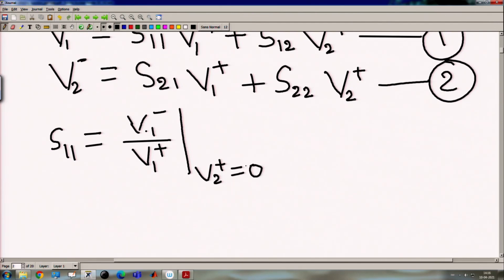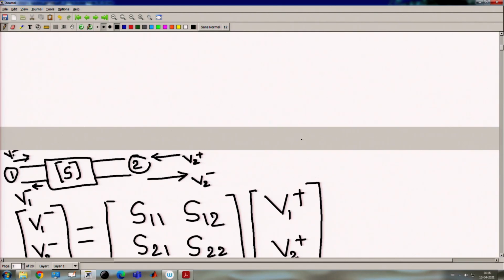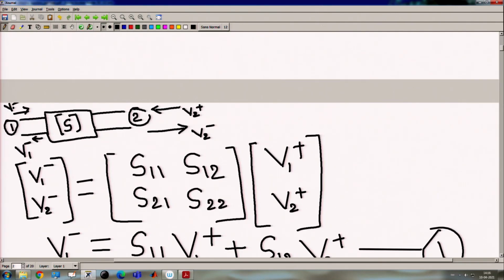V2 plus equal to 0 means there is no incoming wave at port 2.